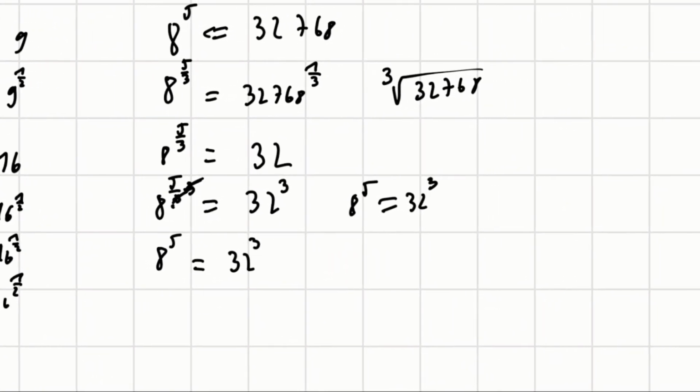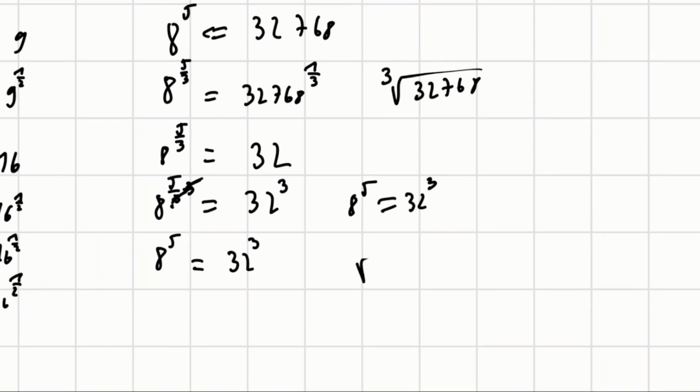You can plug it in. I'm just going to calculate it again. 8 to the power of 5 gives us 32,768, and 32 to the power of 3 gives us 32,768 as well. Therefore, if we plug it in, the third root of 8 to the fifth gives us this.